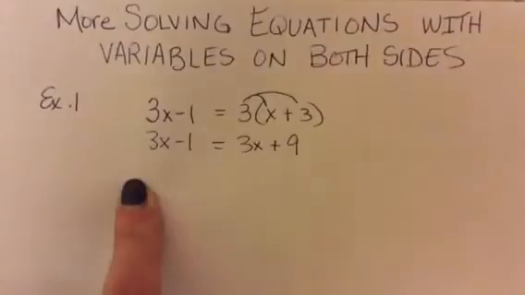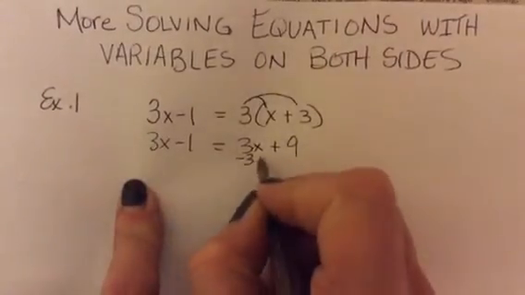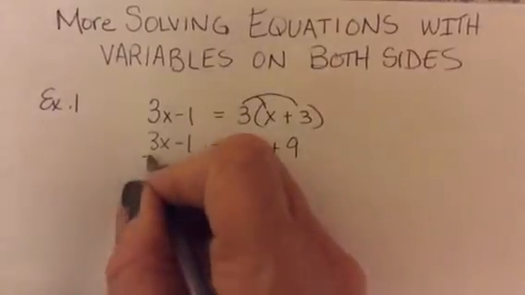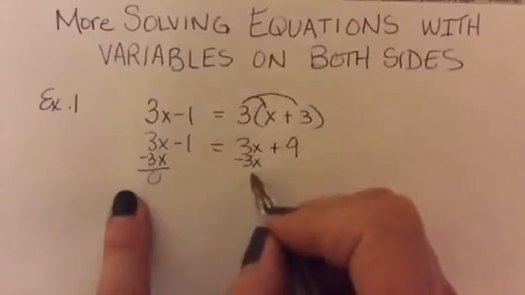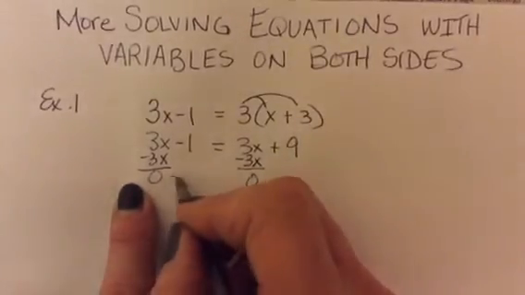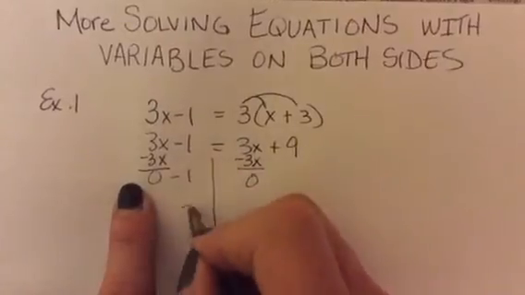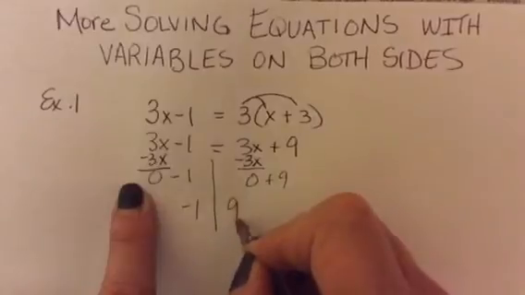Well, as I do that, if you see what happens here, when I subtract 3x from here, and I subtract 3x from here, the variables are gone. And the only thing I have left is 0 minus 1, which is negative 1, and 0 plus 9, which is 9.